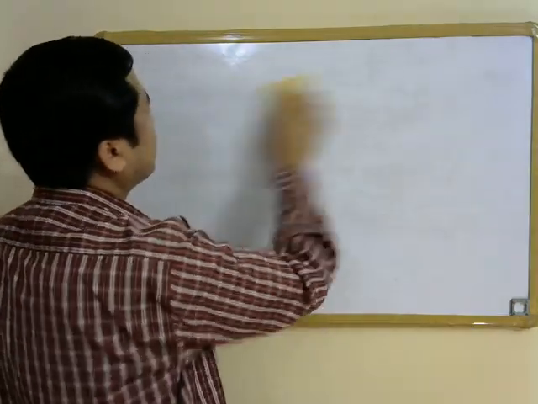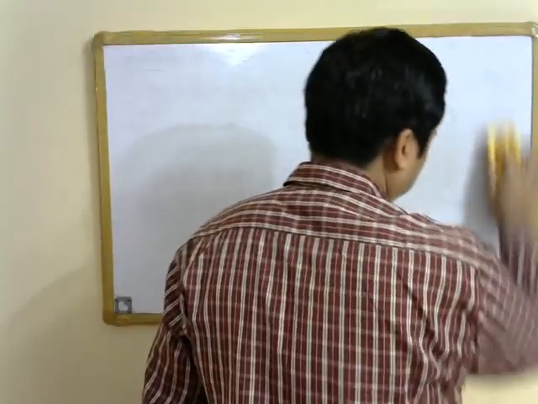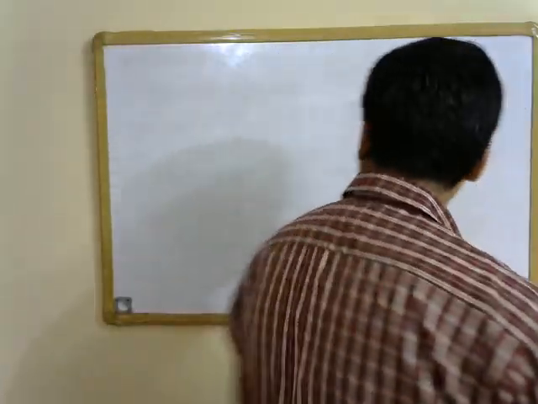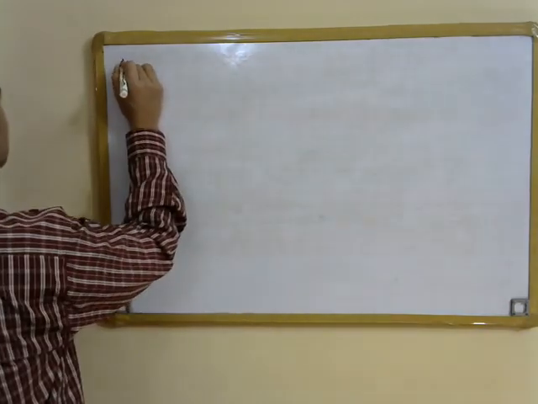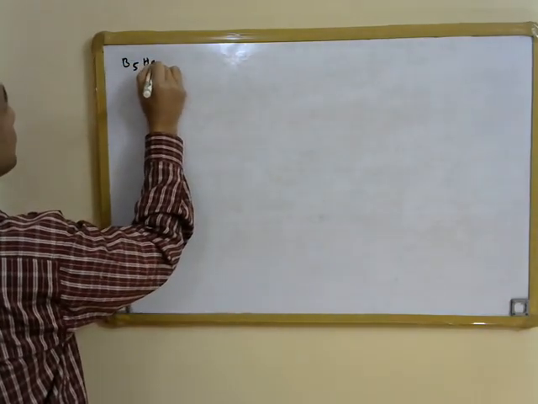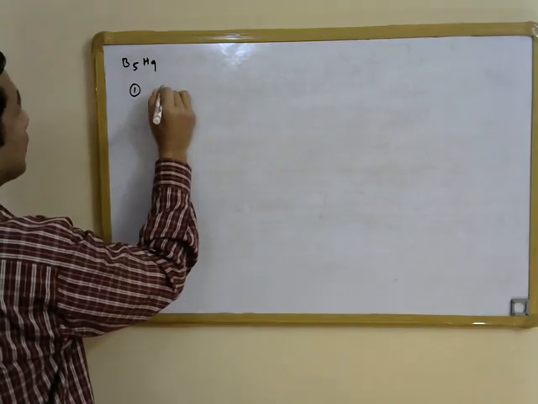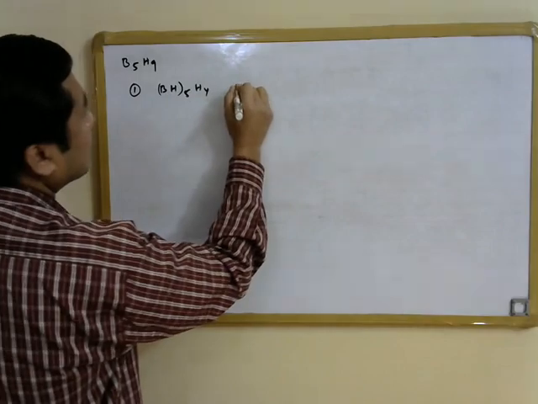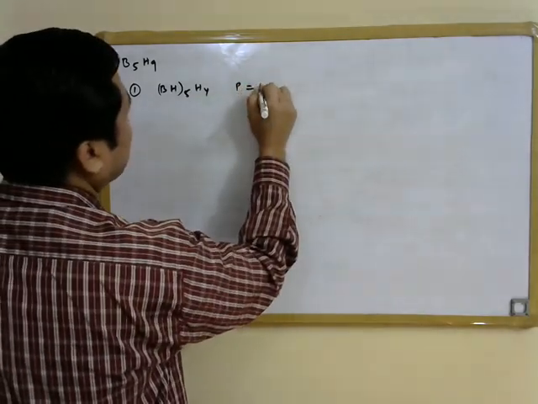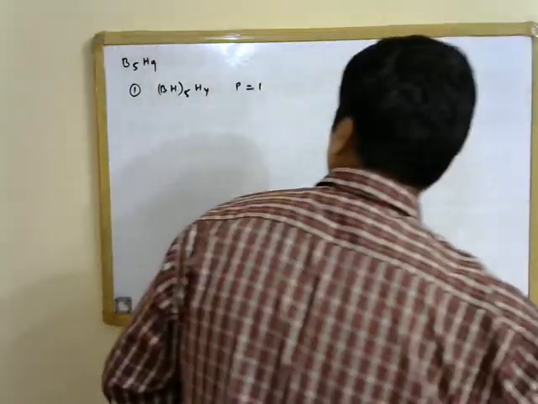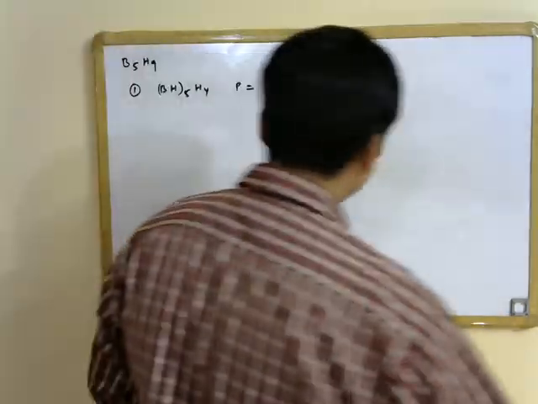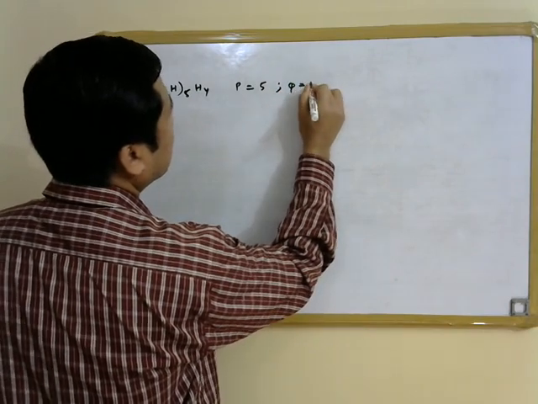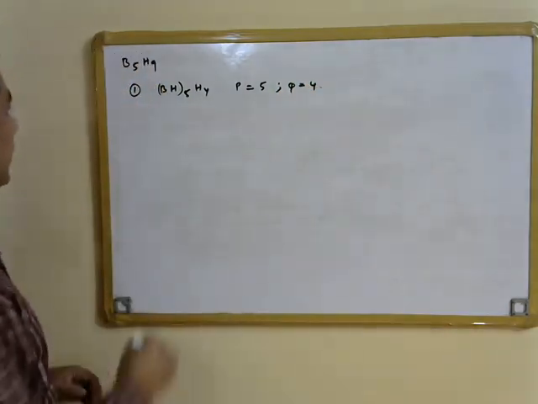And the borane molecule that we will take now is B5H9. Again, the first step is to determine the value of P and the value of Q. So P is equal to 5 and Q is equal to 4 in this case.